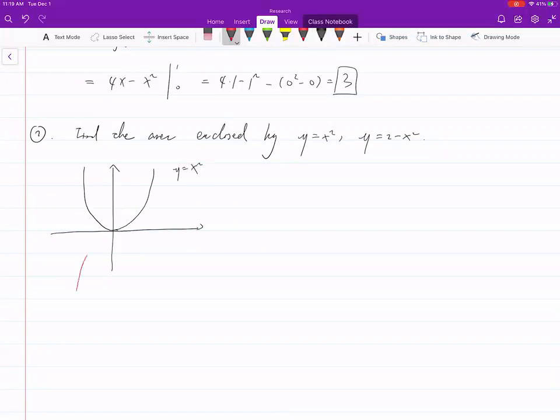Then this is y equals negative x squared. Okay, exactly symmetric. Now you need y equals 2 minus x squared, which is minus x squared moved up by 2. So take the whole thing, shift it up by 2, and that will be the area you're looking for.